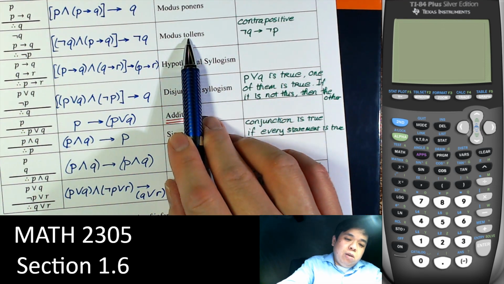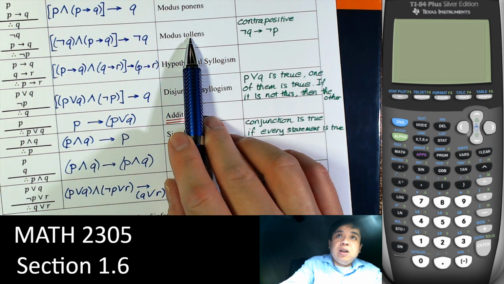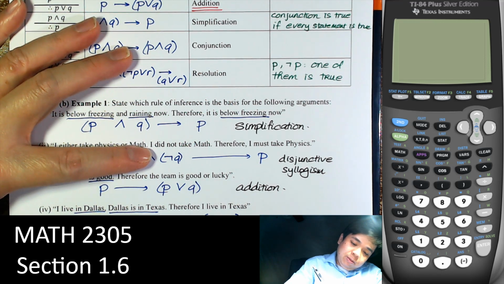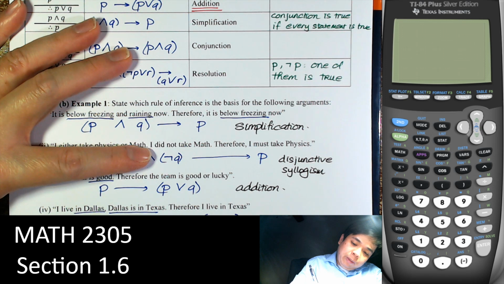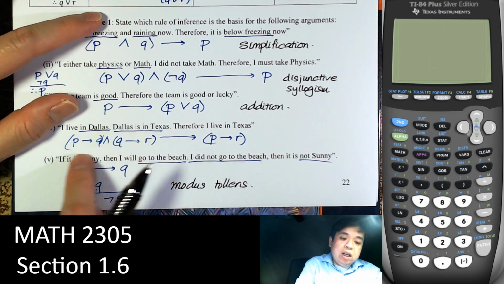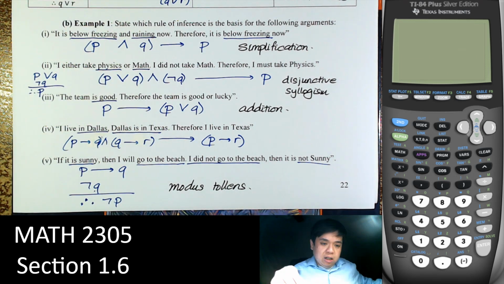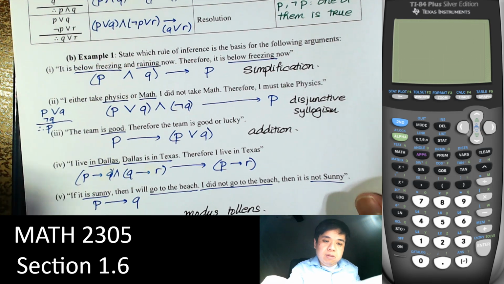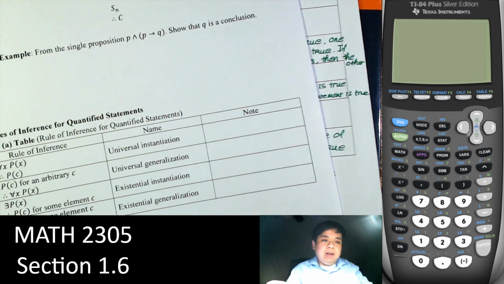So this is modus tollens, using the contrapositive property. Once again, the second one needs to be rewritten so that it makes more sense to use that.